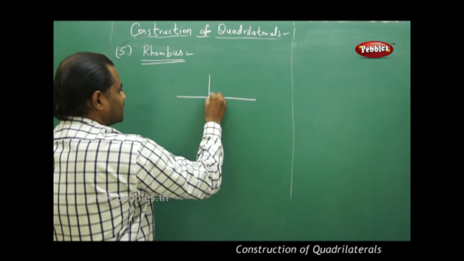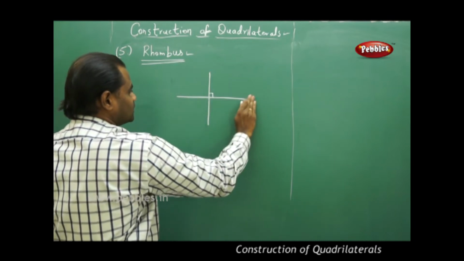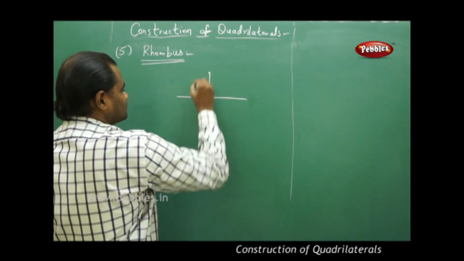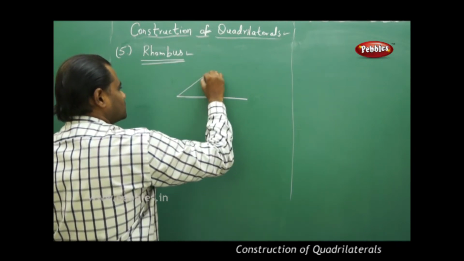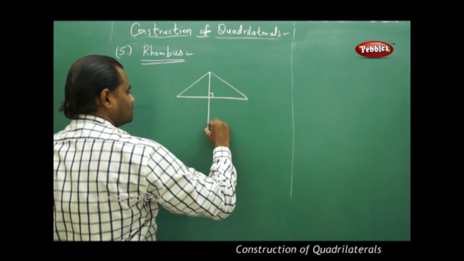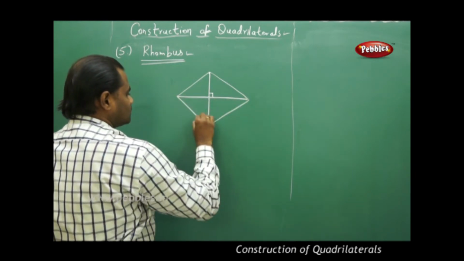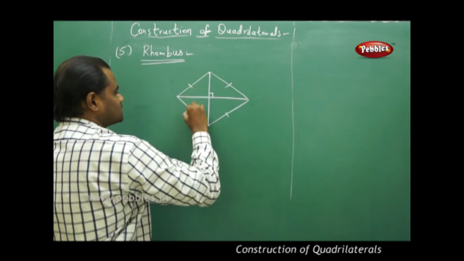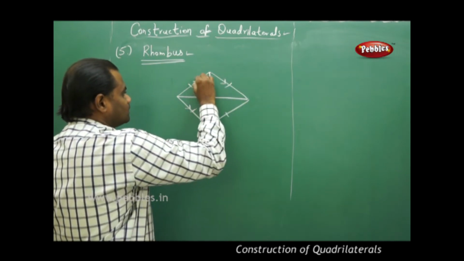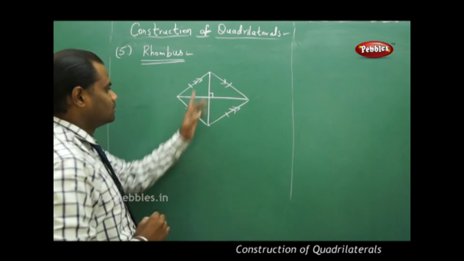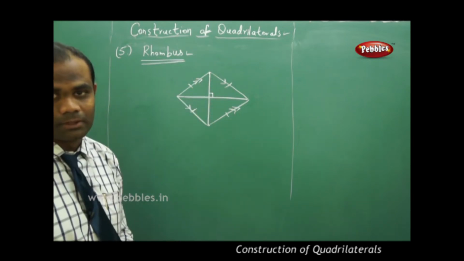So I take the two diagonals which are perpendicular to each other. Now in this case, when I join them in such a way that all sides are equal, and the opposite sides are parallel, then this kind of a figure is called a rhombus.